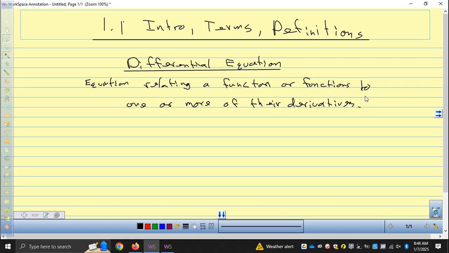So it's just some kind of equation that involves functions and derivatives. And we've seen some of these before. We've actually worked with a lot of them.